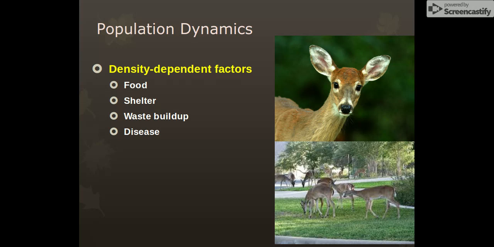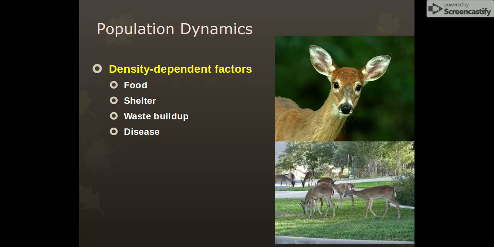Waste buildup. Now, this isn't typically something that we think of when we think of organisms that are roaming large areas. But if you've ever grown bacteria or seen bacteria grow in a petri dish, this is going to be a density dependent factor. If you get a lot of bacteria growing, their waste products are going to start building up, and eventually bacteria are going to start dying because of all the waste that is there.